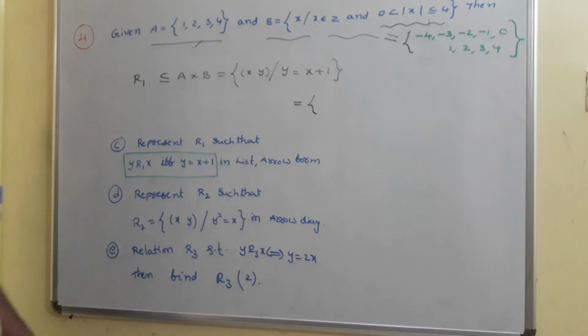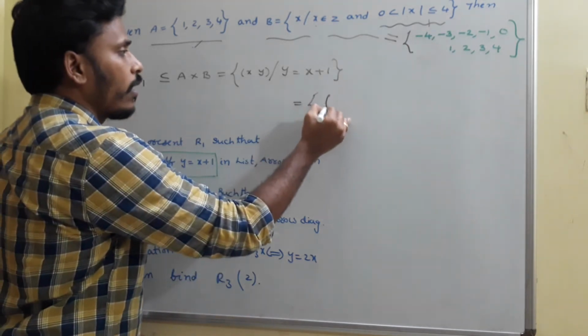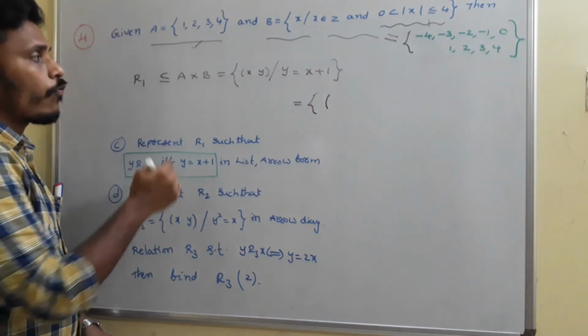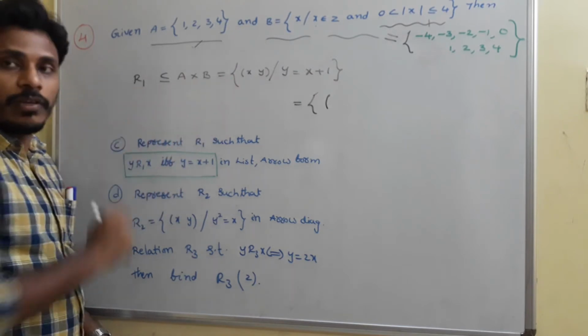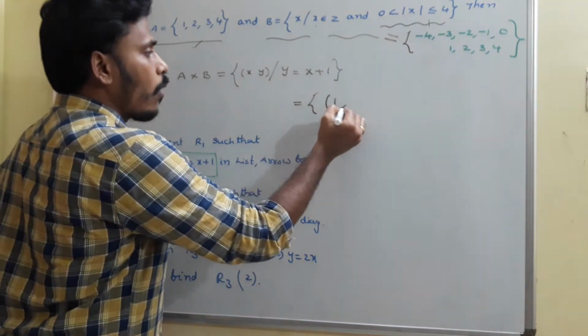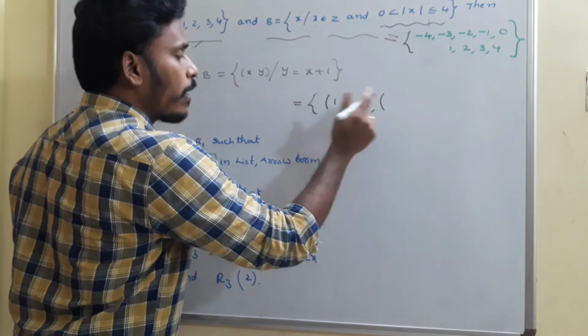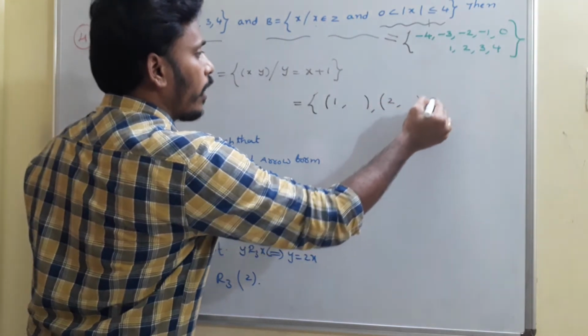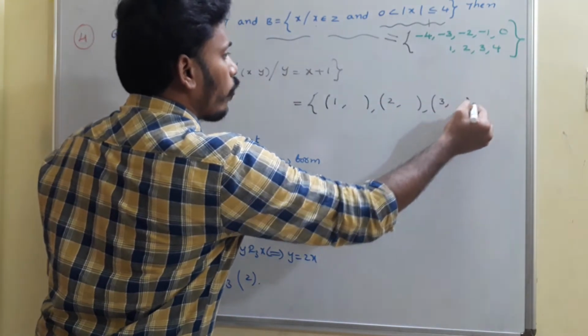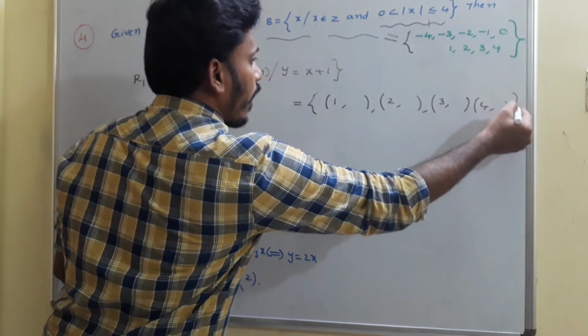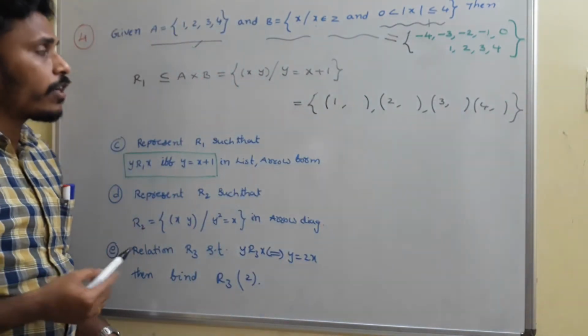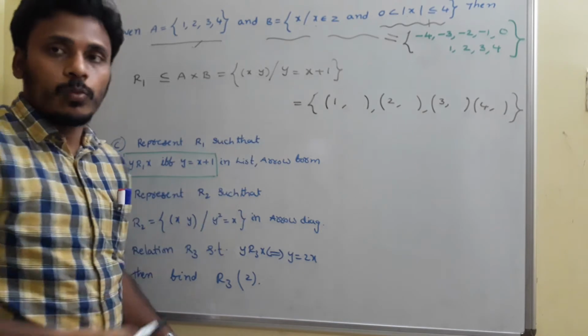And now you just try to list the elements of the relation R1. For the first element, x must be from the first set A. So I need to fill 1 comma some element here, 2 comma, 3 comma, and then 4 comma. So as per the definition, y is x plus 1.